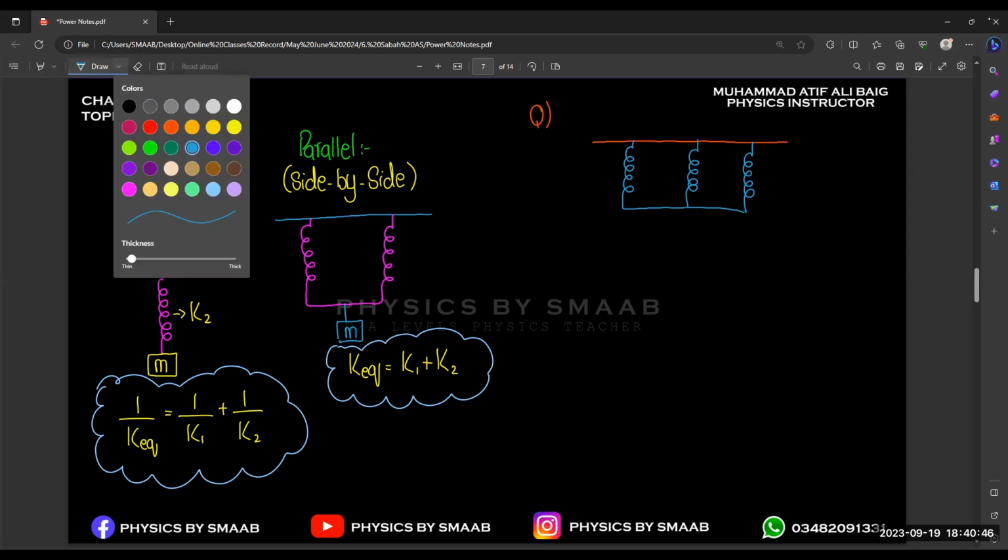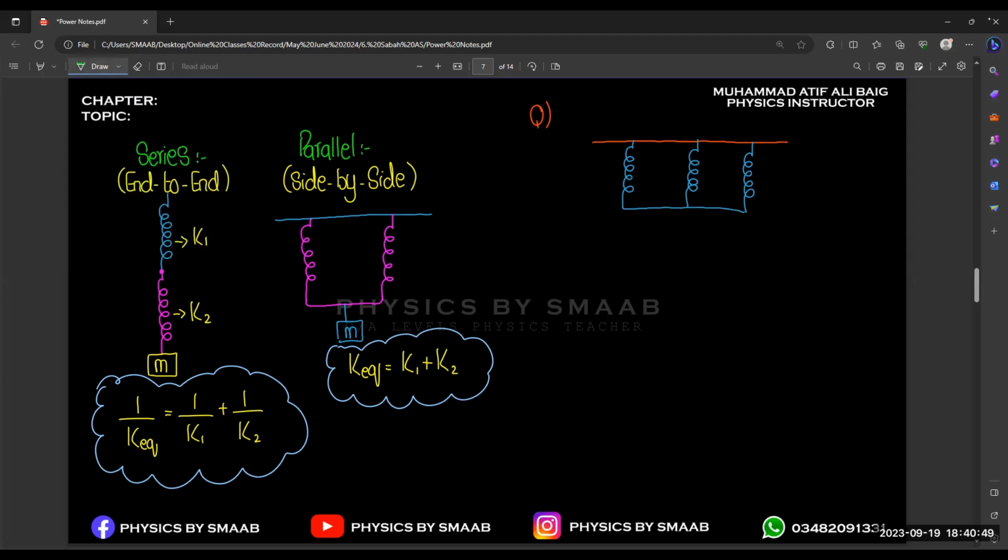But if we connect one other spring in the middle, then the situation will be different. And if we name them O, P, Q, R, these are the symbols for the springs. It is going to be the k of O, k of P, k of Q, all of that together. So 1 over that k total plus 1 over the k of R is going to give you 1 over k of total.